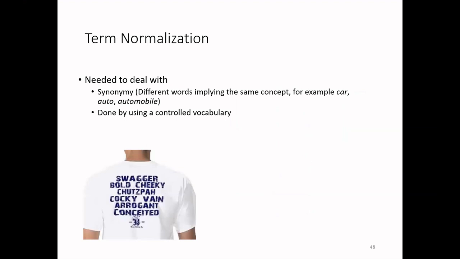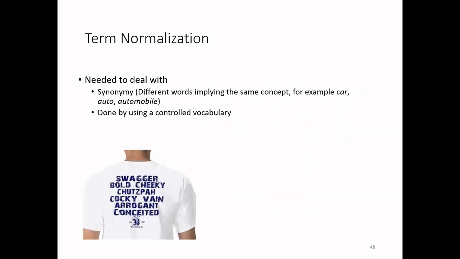Term normalization is another step that you might need when you are doing indexing. What does this mean? It basically means that people use a number of different words for the same concept. For example, we could be using automobile, we could be using car, we could be using the term vehicle. They all mean the same thing.